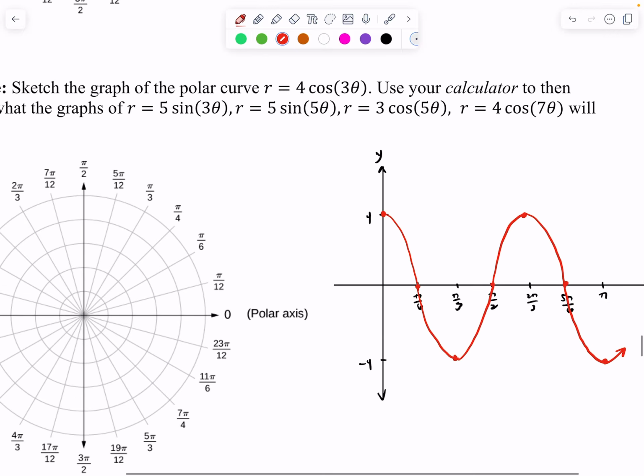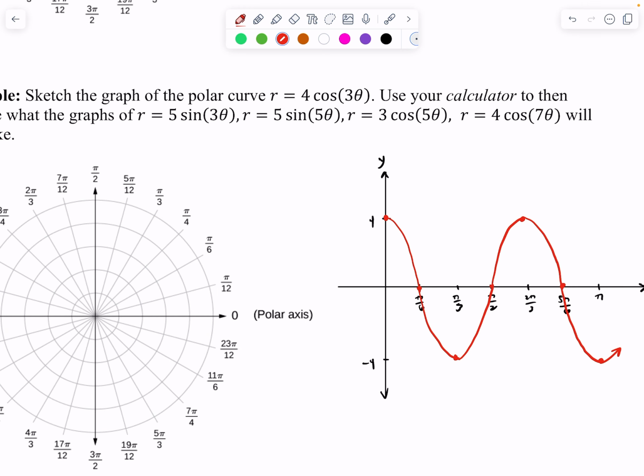Okay, referencing this, here's 0, we're out at 4, 1, 2, 3, 4 for r. Positive, positive, positive to pi over 6 and then hit 0. Between pi over 6 and pi over 3, r is negative.